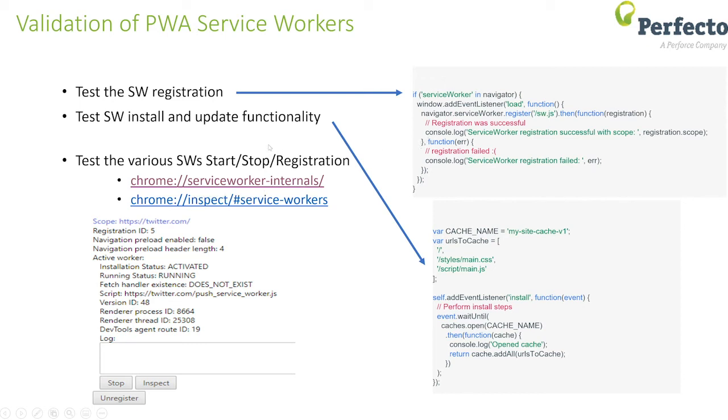In addition, you can stop and activate the service worker and see how it works, both from a push notification and offline caching perspective. If you are familiar with the Google Chrome F12 tools, you will see an application tab that is all focused on PWA.